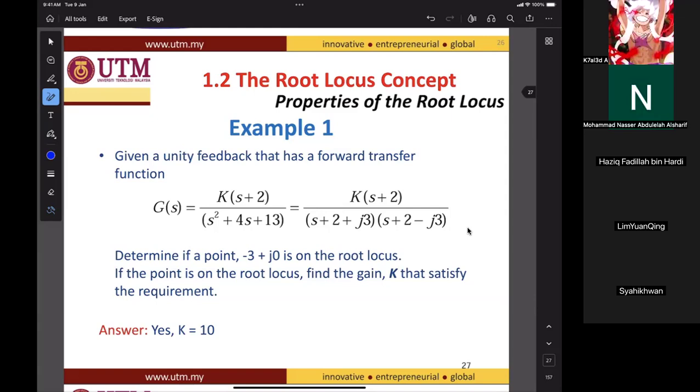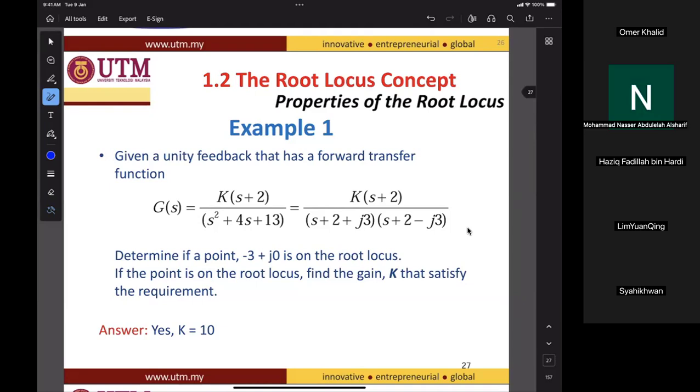So that section will cost maybe 1 to 2 marks? If the question asks you to sketch the root locus using a freehand drawing, it's only 1 to 2 marks. Maybe 1, 2, 3 marks.